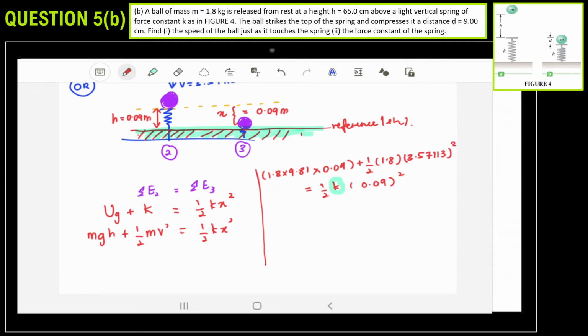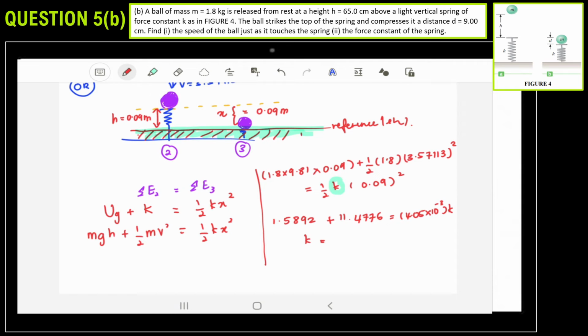Okay, so now let's start our calculation. 1.8 times 9.81 times 0.09. So here we have 1.5892 plus half times 1.8 times 3.57113 squared, and it's equal to 11.4776 equal to, okay, 4.05 times 10 power of negative 3 k.